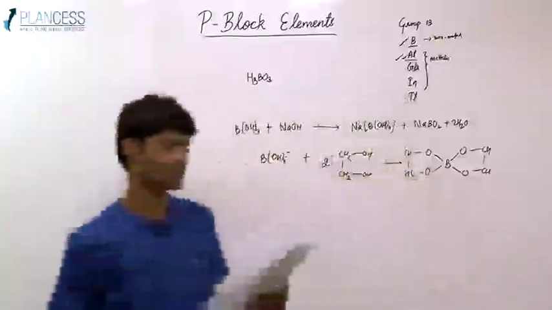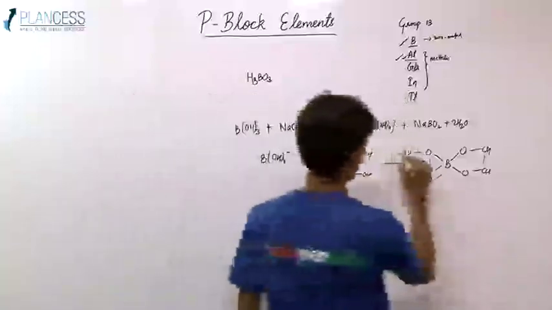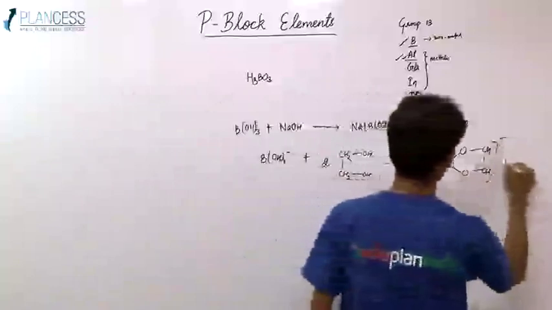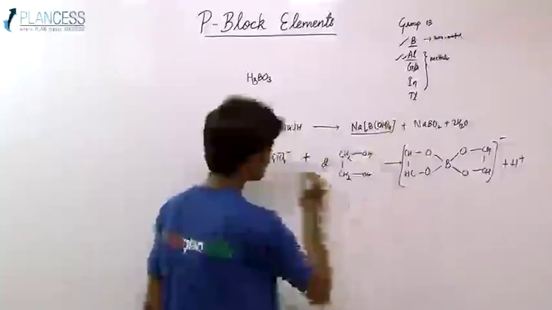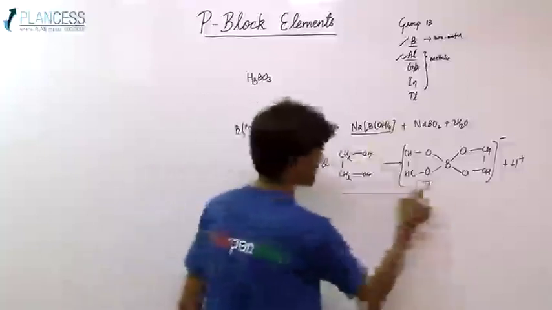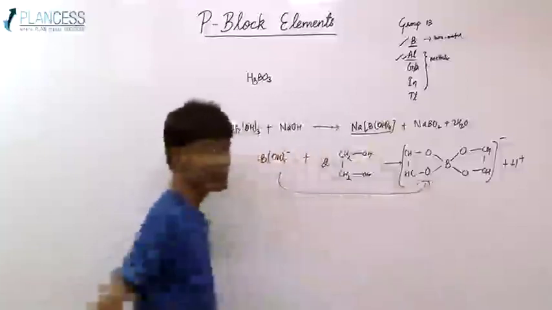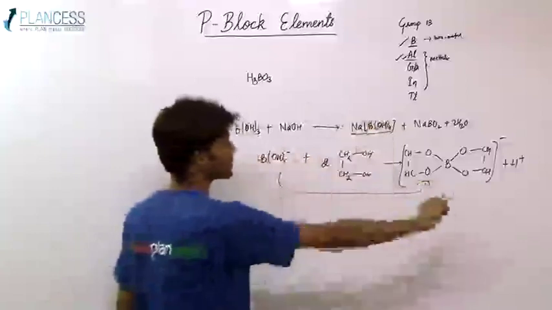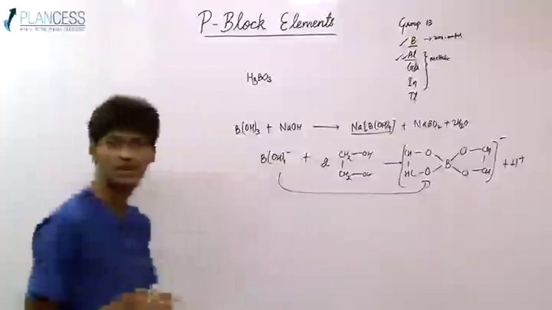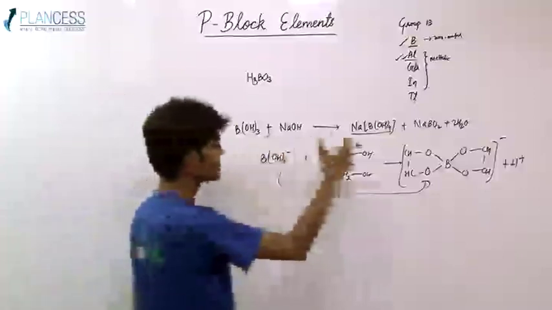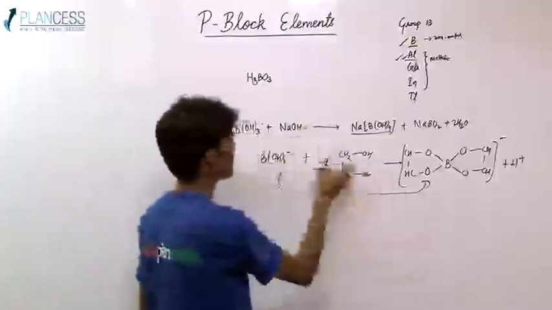So it forms a compound like this, and consequently H plus is released. So this compound is constantly used in this reaction. Because of this simultaneous reaction, the product is being consumed, so this reaction will go in the forward direction, and therefore it acts as a strong acid in the presence of cis-diol.